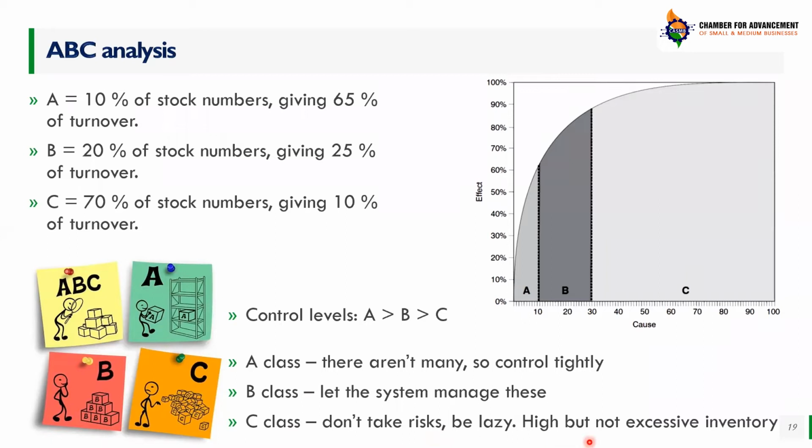So you can take risk, and you can keep excessive inventory of class C items because they don't cost much. Like a 2 rupee screw: instead of buying 1,000 screws, you bought 1,100 screws. It doesn't matter because there is not much cost associated with those extra 100 screws. So there is no tight management or tight control over class C items.